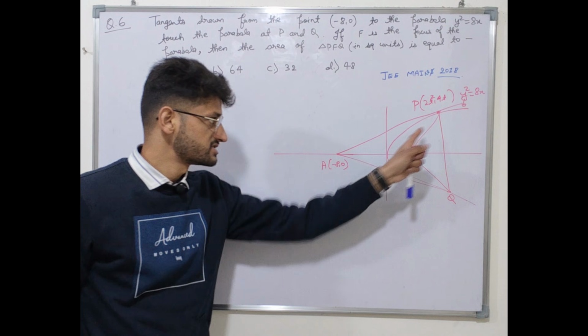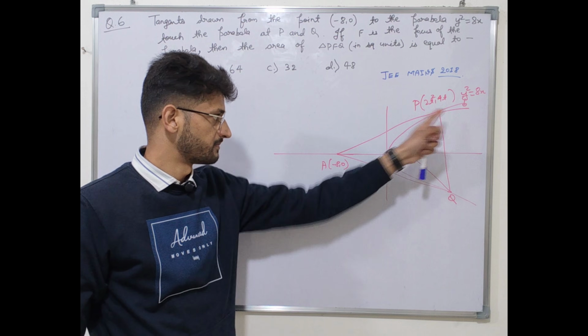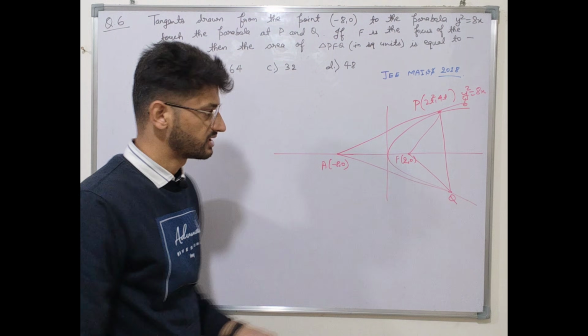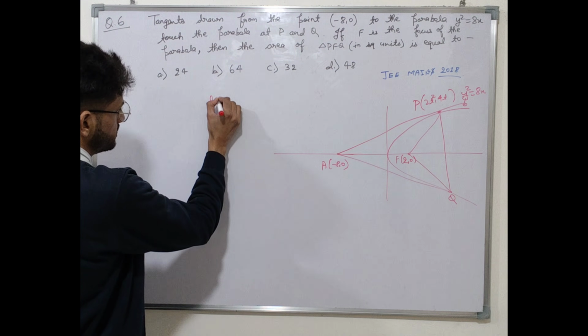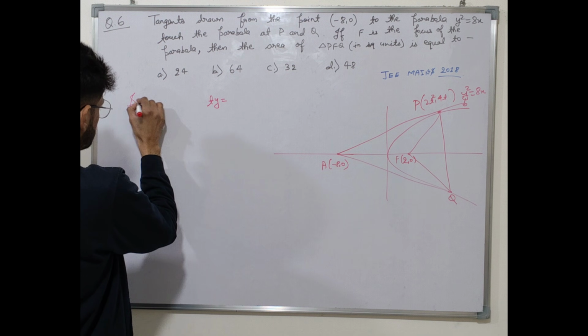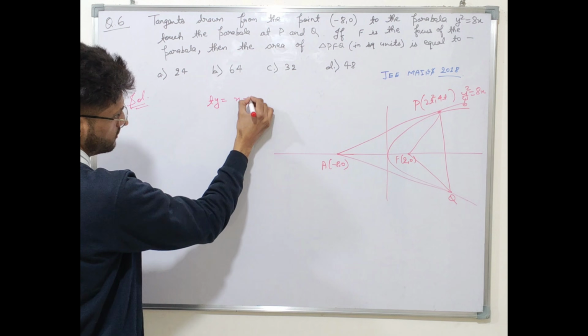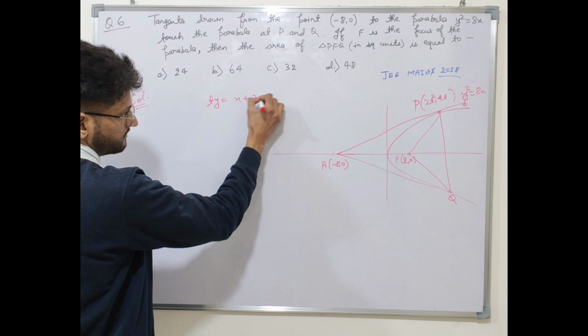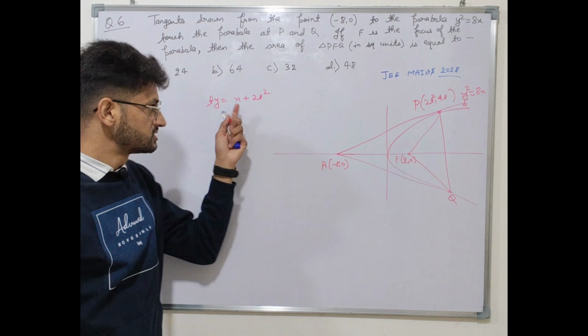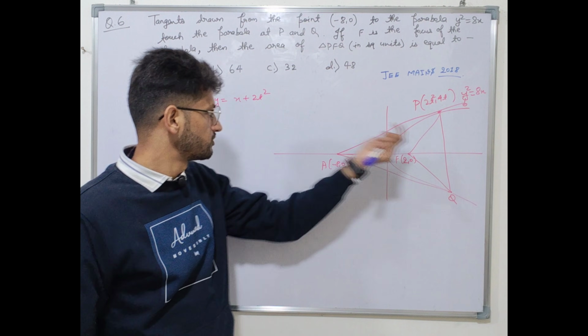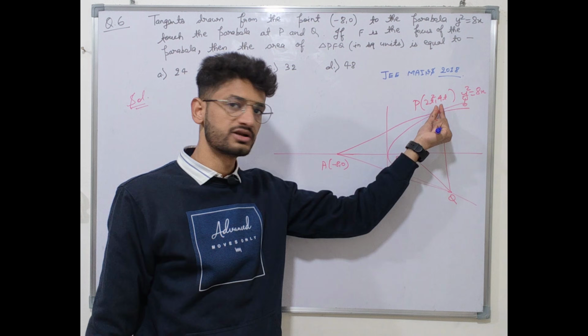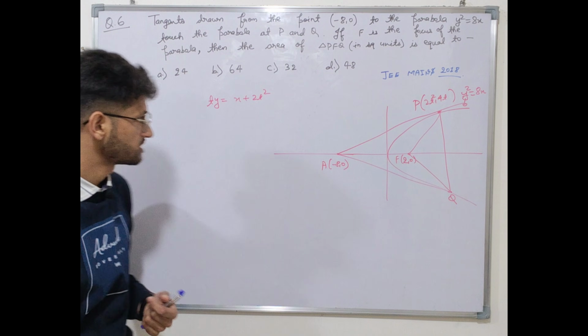We can write the equation of the tangent on this parabola using point P as ty equals x plus 2t square. This is the equation of the tangent at point P with coordinates (2t square, 4t).